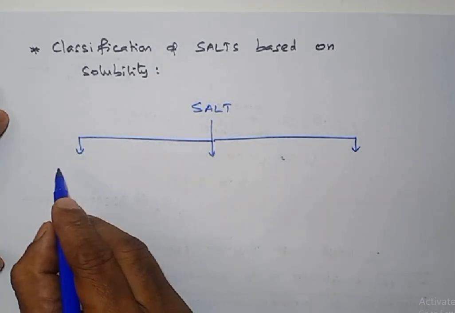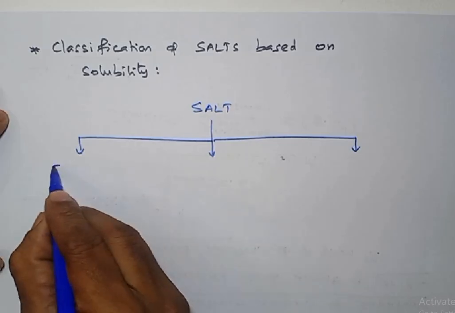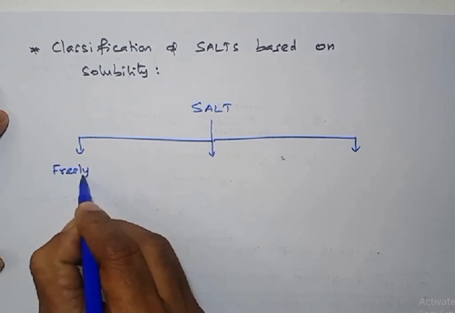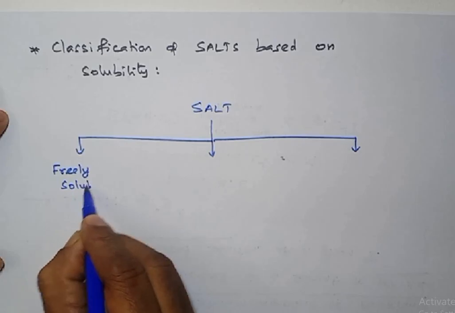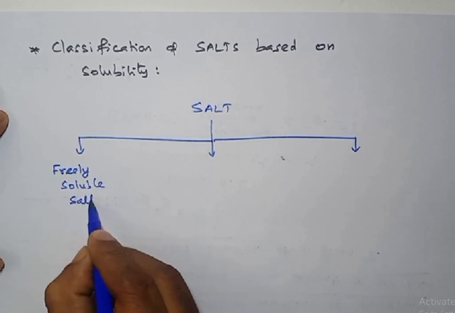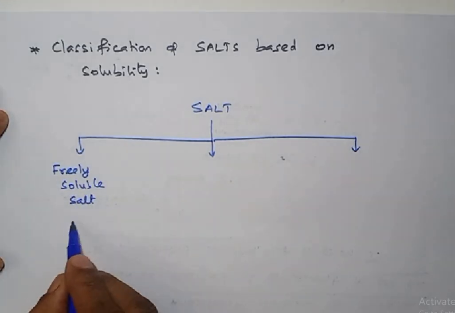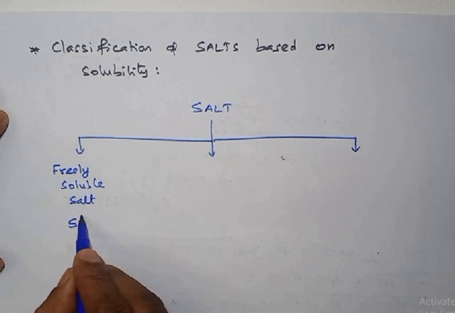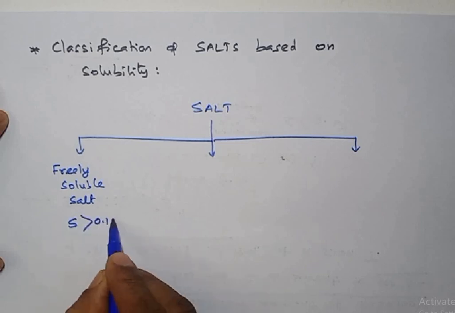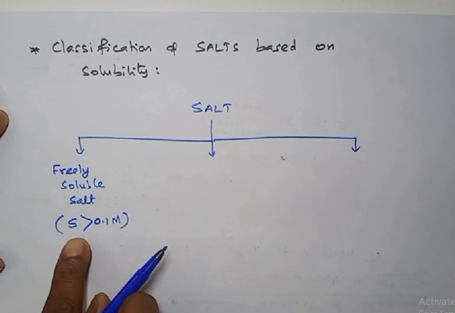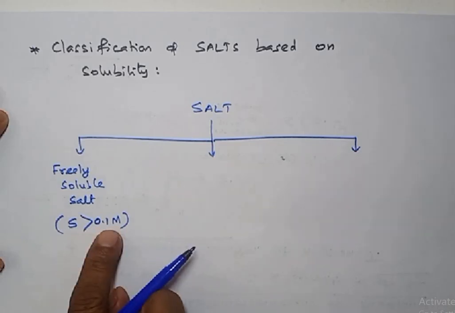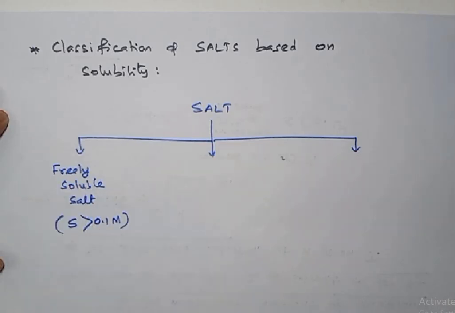So based on solubility, we can classify salts into three types. Number one, freely soluble salts, for which solubility value will be greater than 0.1 molarity. If solubility is greater than 0.1 molarity, we call that salt a freely soluble salt.